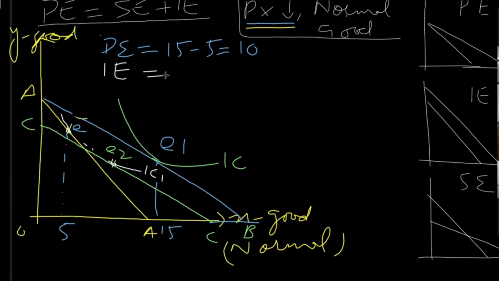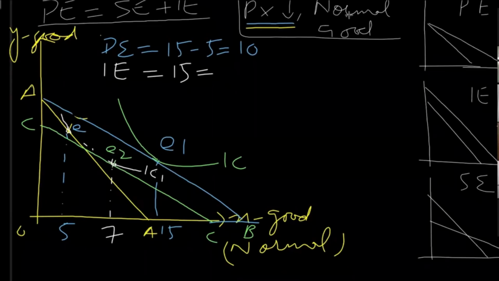These two lines are parallel to each other, and we can see that on line AB, equilibrium is taking place at E1, where quantity is 15. And on budget line CC, equilibrium is taking place at point E2, and we suppose that quantity is, let's say, 7 units here.